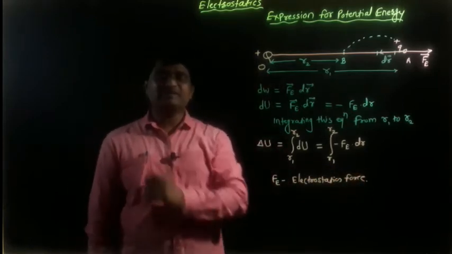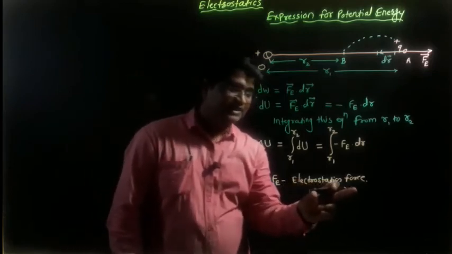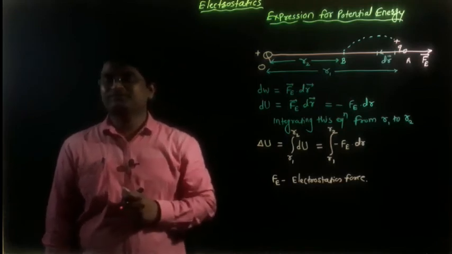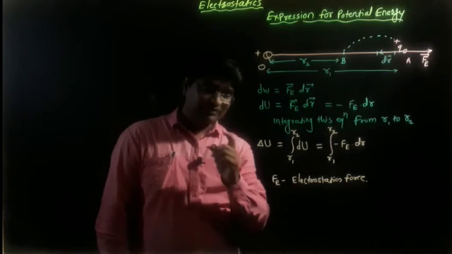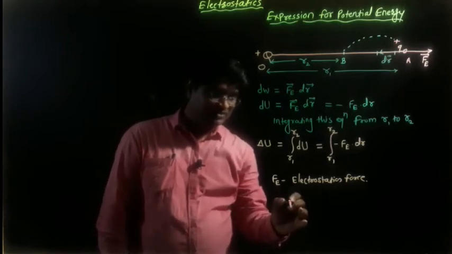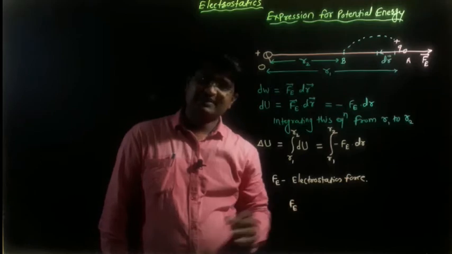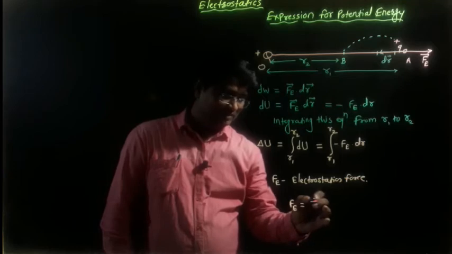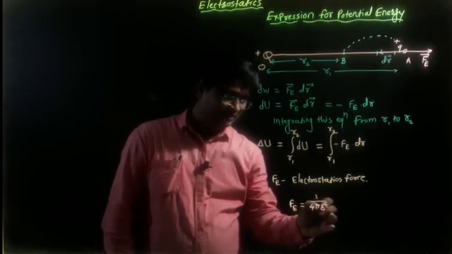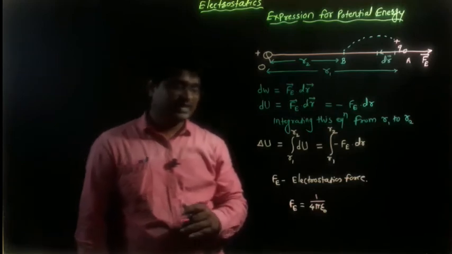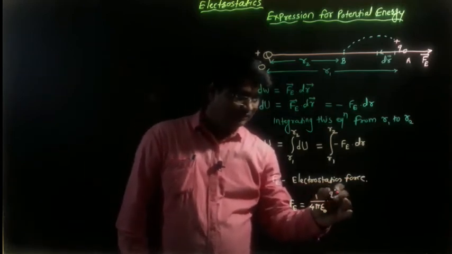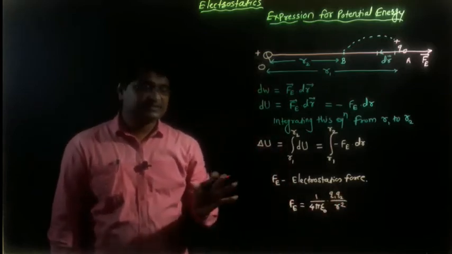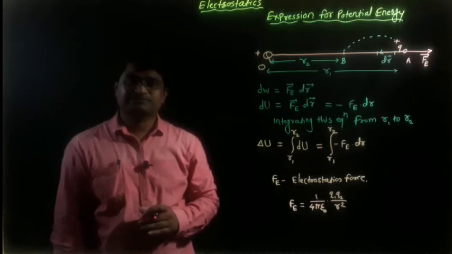And what is the exact value of the electrostatic force? We have already determined the value of the electrostatic force using the concept of Coulomb's law. With the help of the definition of Coulomb's law, we find the electrostatic force, and it is denoted by 1 upon 4 pi epsilon naught into q1 q2 divided by r square. Get clear? This is the electrostatic force.